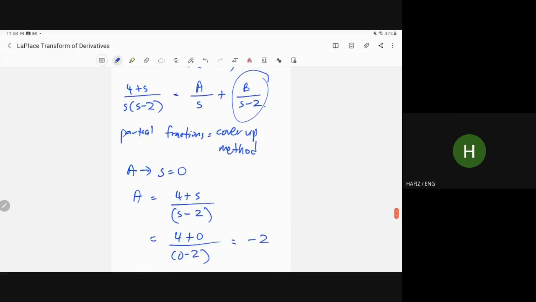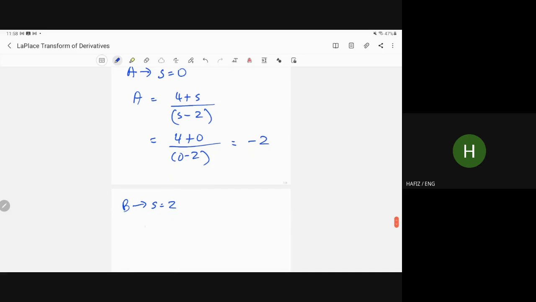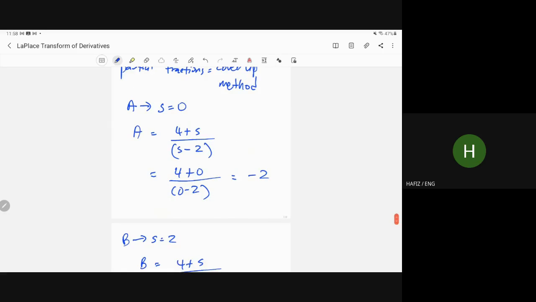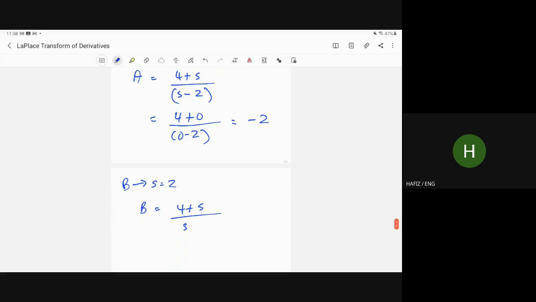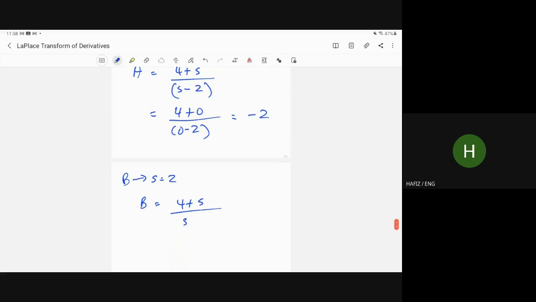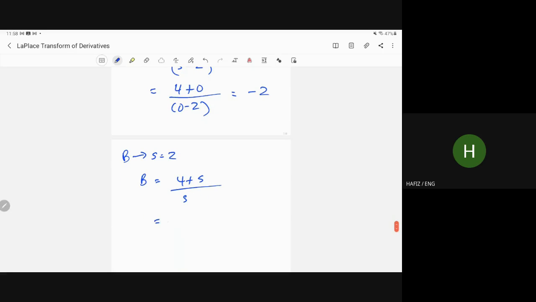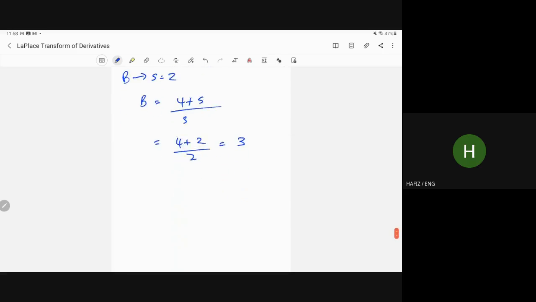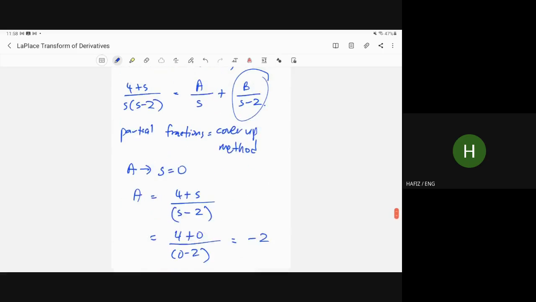Next, take the whole equation, but we only take the s at the denominator, because we cover up the s minus 2. That's what they call cover up method. So now we have 4 plus 2 over 2, which is 6 over 2, which is 3.